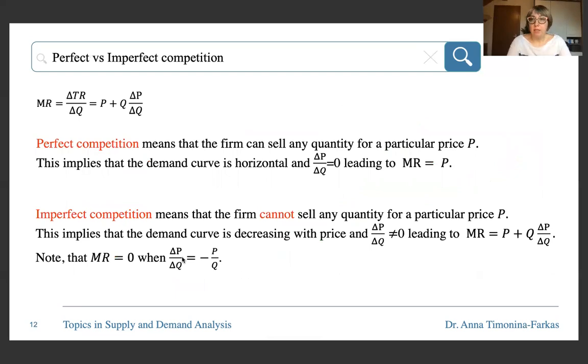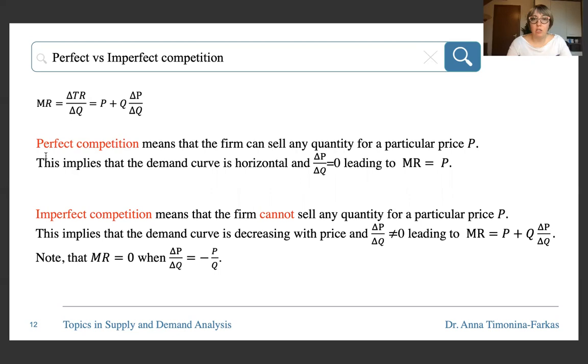Now let us consider two very important concepts covered in CFA level 1, perfect competition and imperfect competition. As you remember from the slide where we considered horizontal and vertical demand curves, this slide is connected to the one before. In a perfect competition, the demand curve is horizontal.